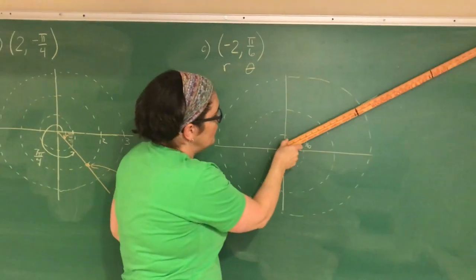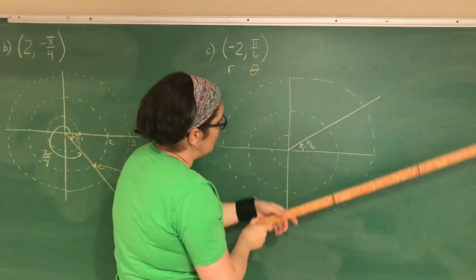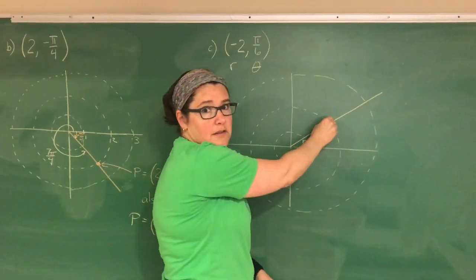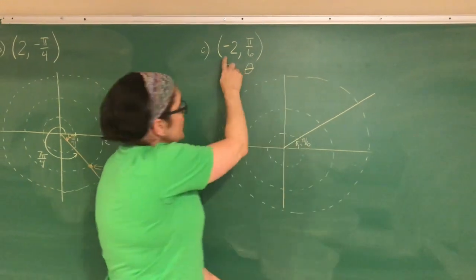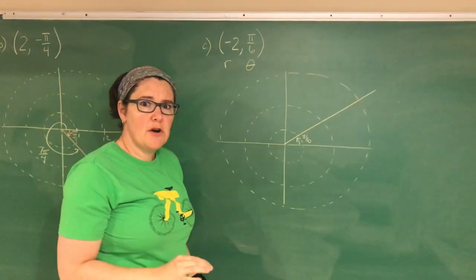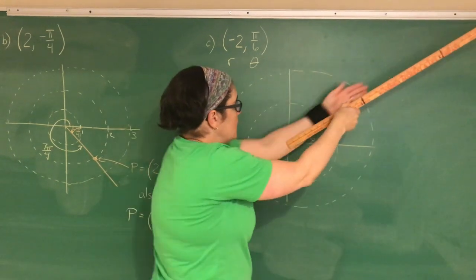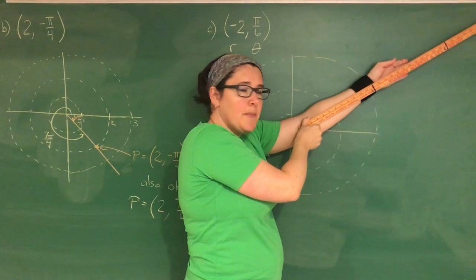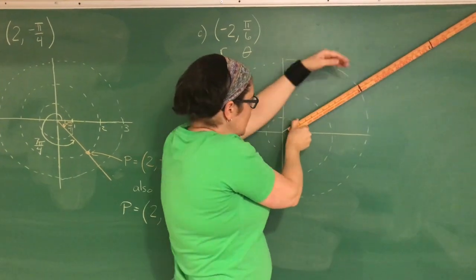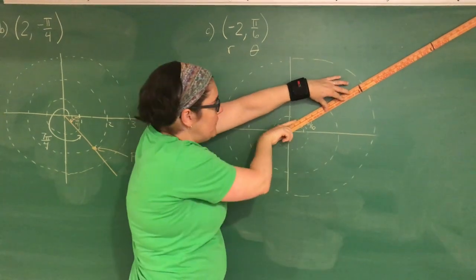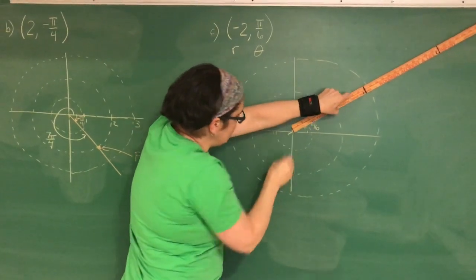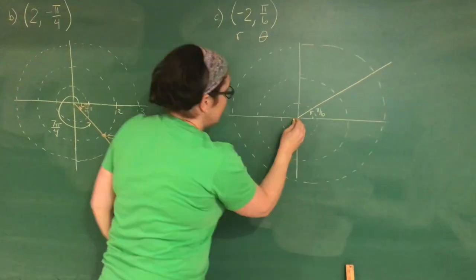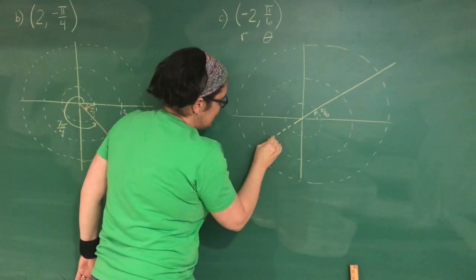So if this had been a positive 2 value, what we would have done is walked out along this antenna that we've created 1, 2 units and marked our point. Because this value is negative, what that means is the direction that our antenna is pointing is the positive r direction, and negative means that we want to point in the opposite direction of our angle, which means that I'm going to take this line and extend it in the opposite direction.